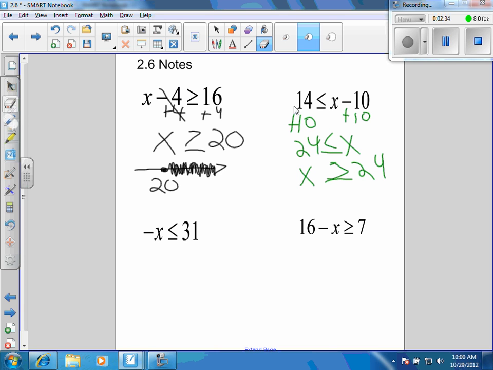So how are you going to draw a graph of that? So closed circle on 24. And where are you going to shade?